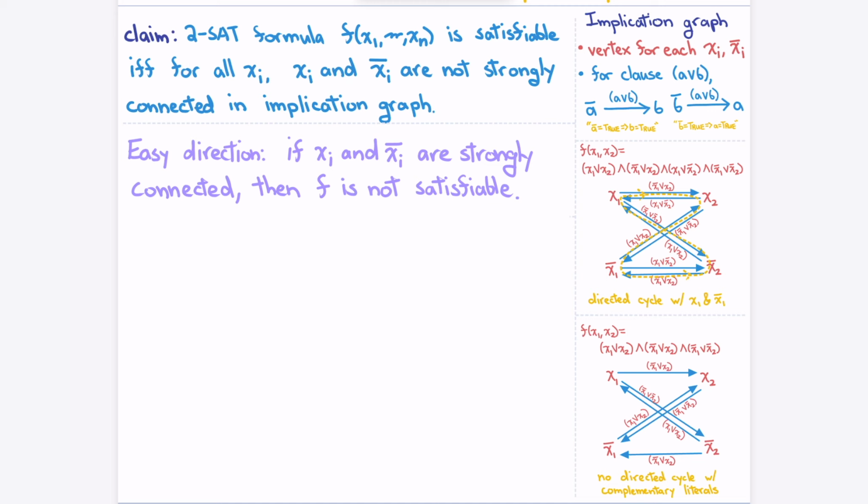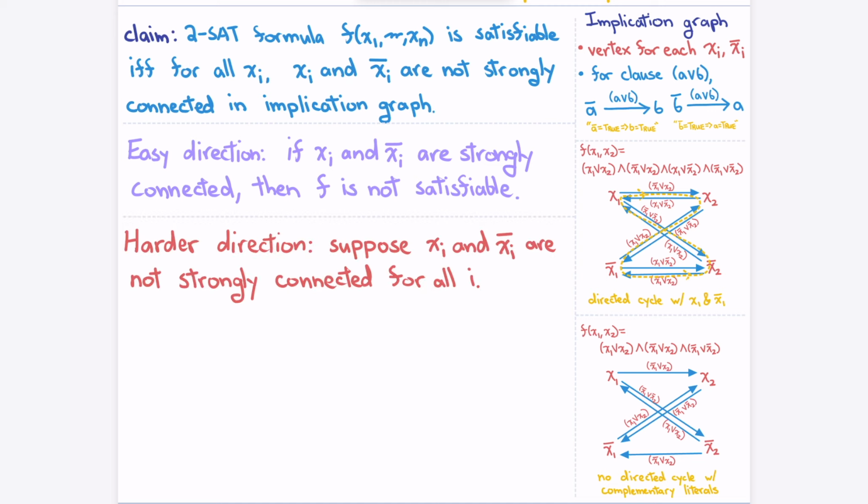Okay, good. So the harder direction is: suppose that xi and xi bar are not in the same strongly connected component for all i. And so what do we need to do? We need to come up with a satisfying assignment. Any ideas? Could we calculate the strongly connected components?